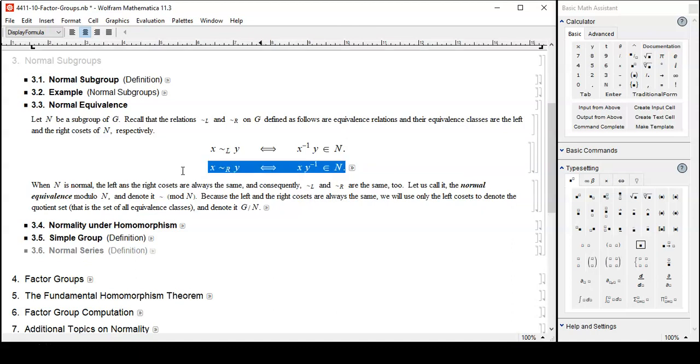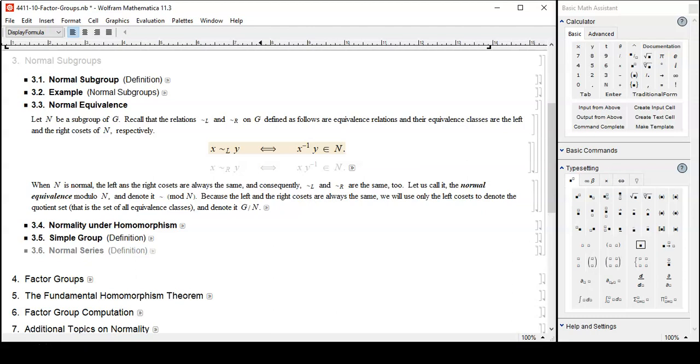Just throw this away and let's consider this only. And instead of calling it a left coset relation, we'll just call it the normal equivalence relation. More precisely, the normal equivalence relation modulo N, because everything began from a normal subgroup N.